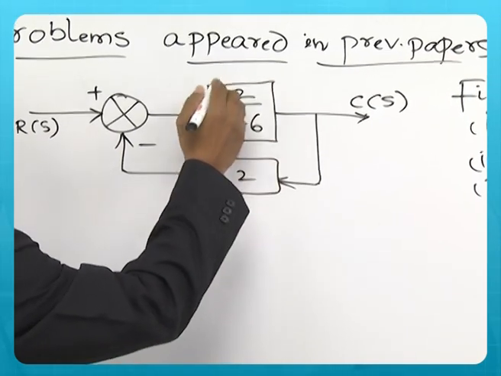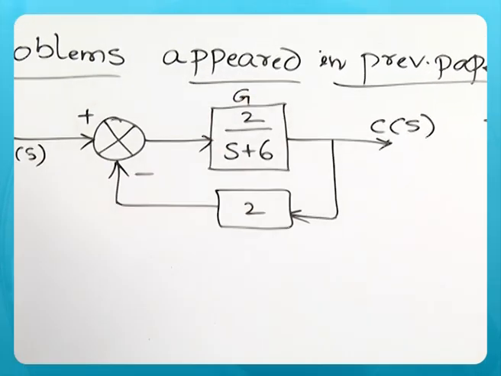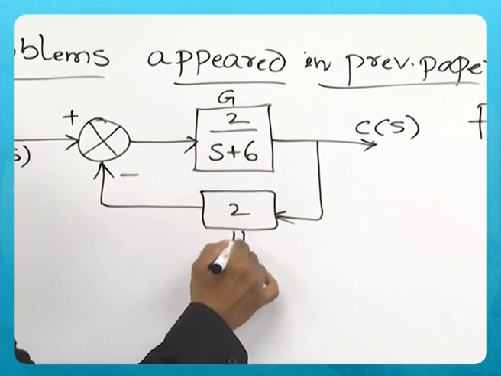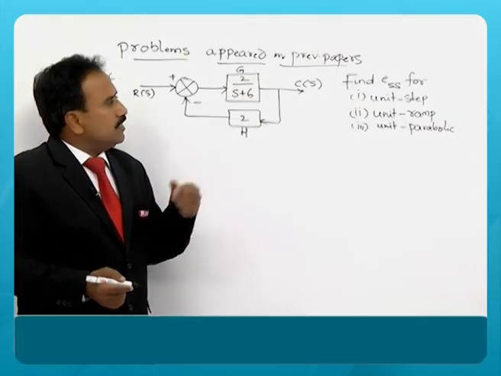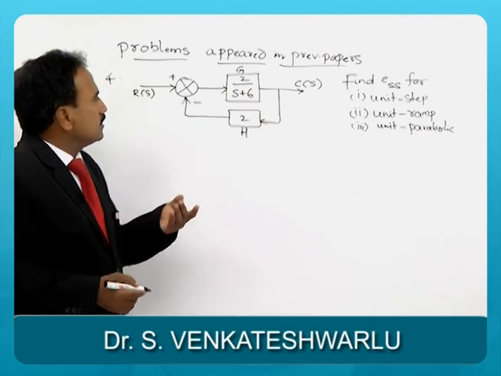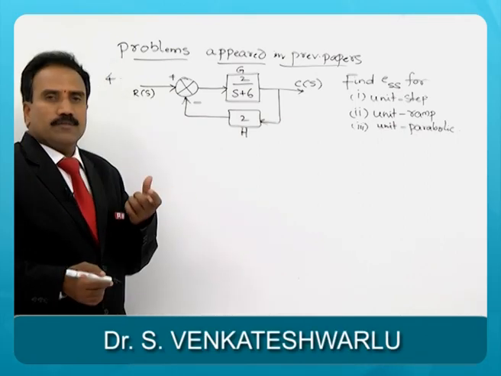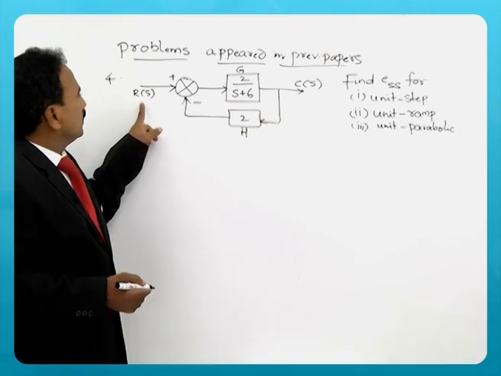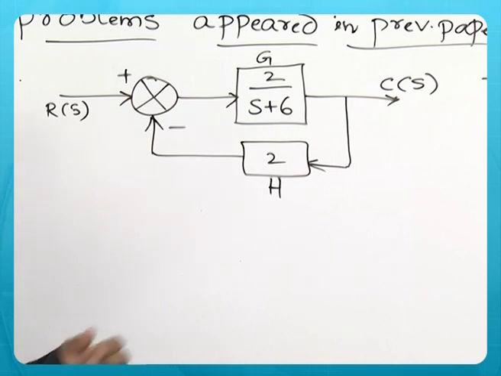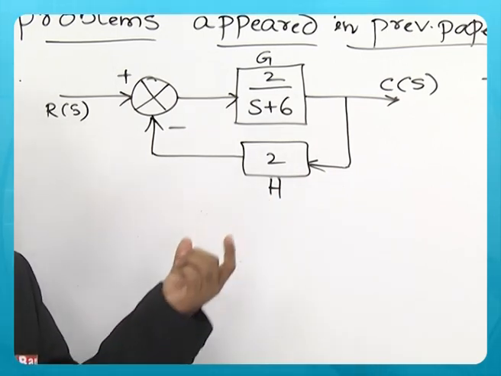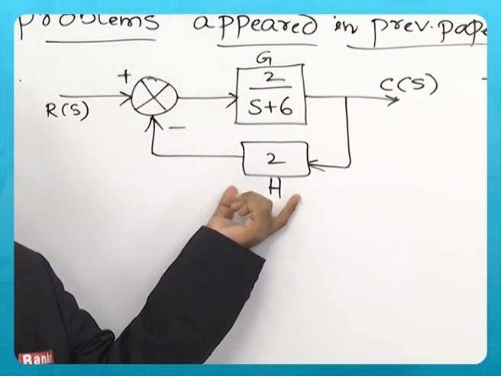Generally, we consider this as G, and this one we consider as H. The steady state error is defined as the error between the reference input and the actual output. Such a system is given, it is a non-unity feedback control system.